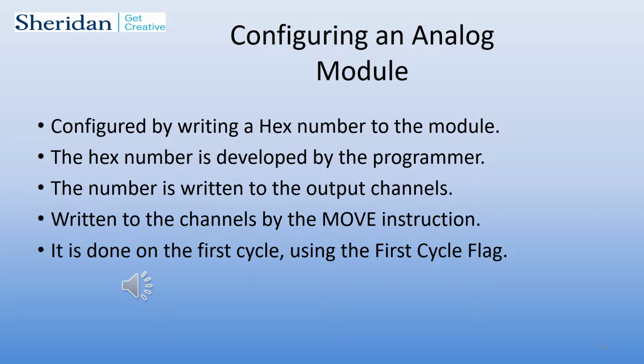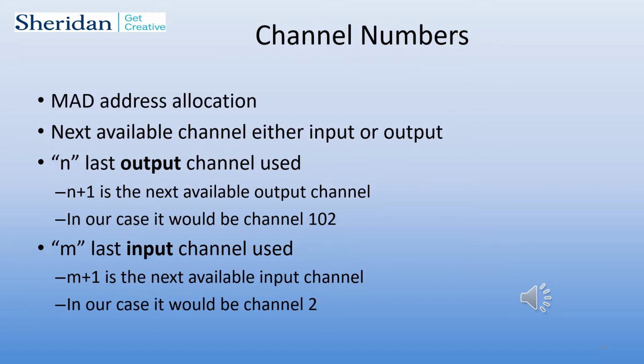The number is written to the output channel from inside the PLC. They do this by use of a move instruction, and it's done right at the first cycle using the first cycle flag. So as soon as the power is turned on to the PLC, these numbers are written directly to the MAD42 module.